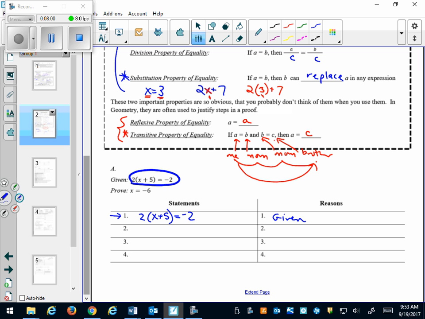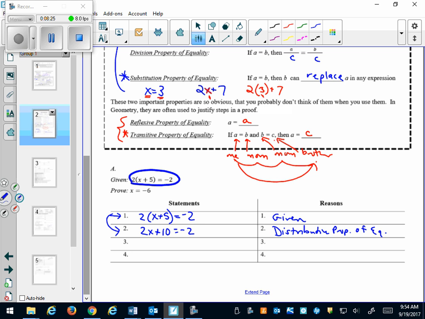If we know step 1 is true, then we can logically lead to step 2 by doing the distributive property. Just think about what would my first step be in solving this. And you would distribute the 2. Reason, distributive property of equality.